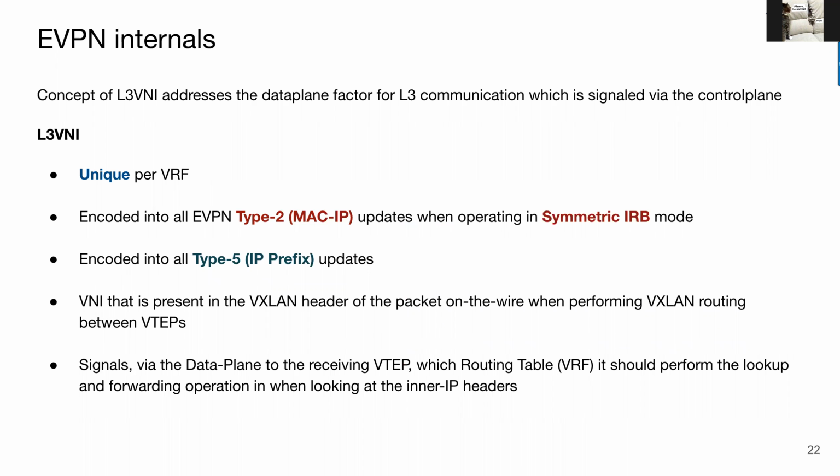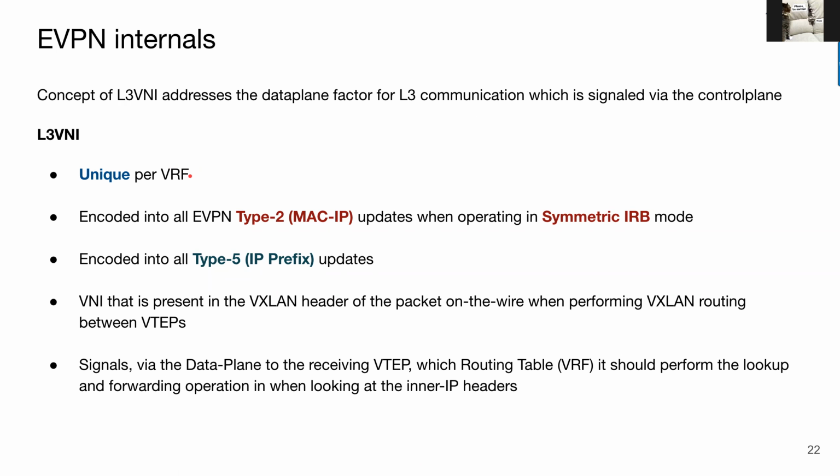The layer 3 VNI corresponds to the IP VRF. So I always like throwing a little IP in just to keep things straight. Traditionally, we've only had one VRF, which stood for virtual routing and forwarding, that service providers use to provide multi-tenancy to their customers. VRFs have been around forever.